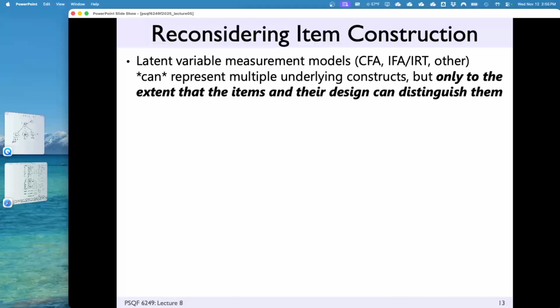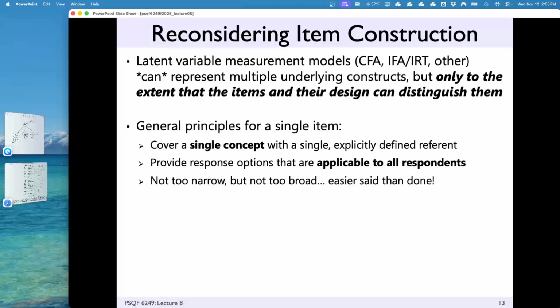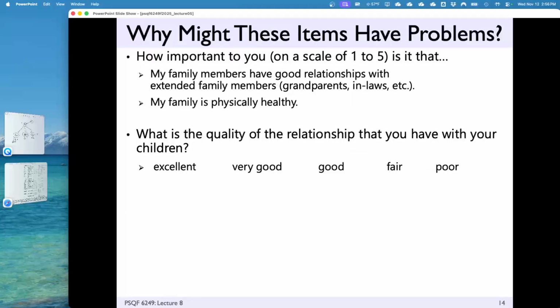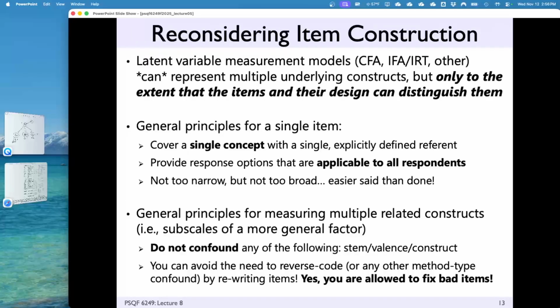Okay, so let's do some reconsidering of item construction. This is, I think, where we're starting to pivot into other ideas about how we can build more factors to control for things. So latent variable measurement models can represent multiple underlying constructs, but only to the extent that items in their design could distinguish them, right?